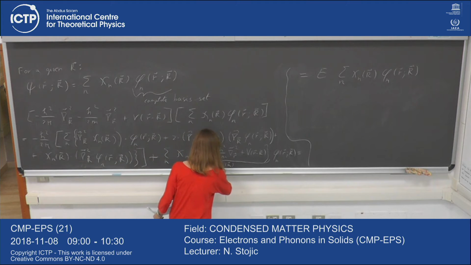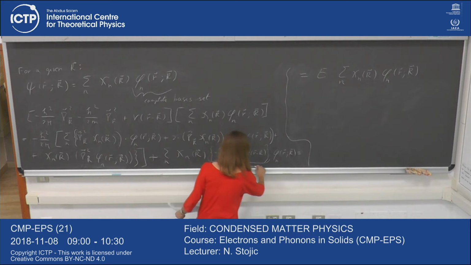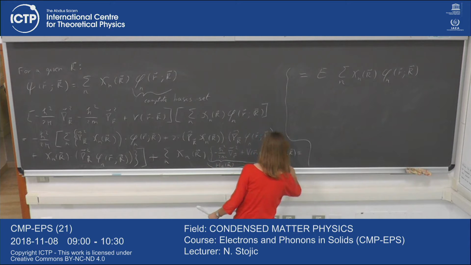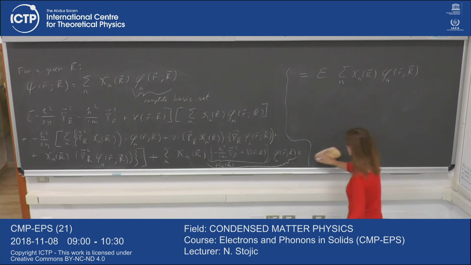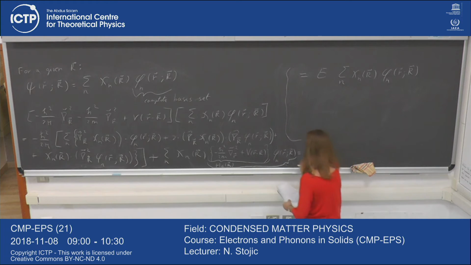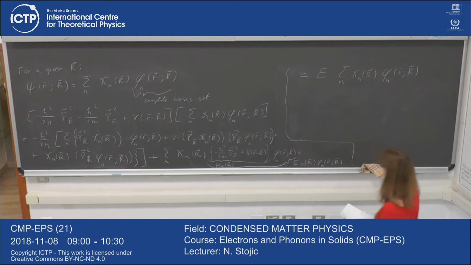So now this part here will just give En of R times Cn of R capital R. Okay?